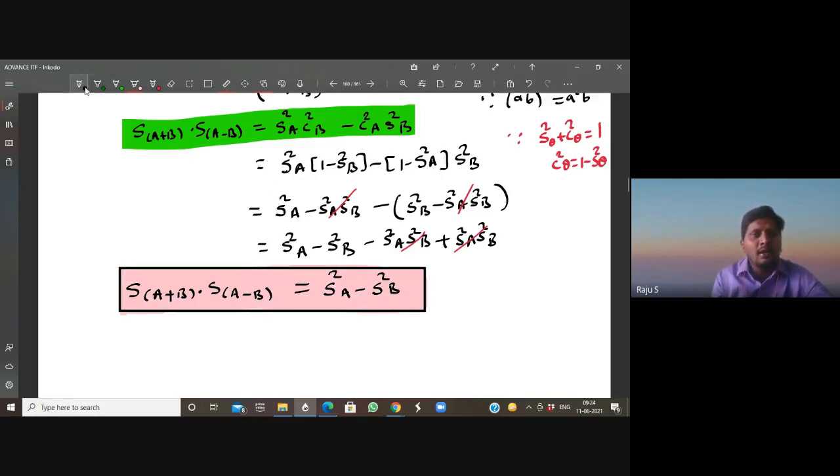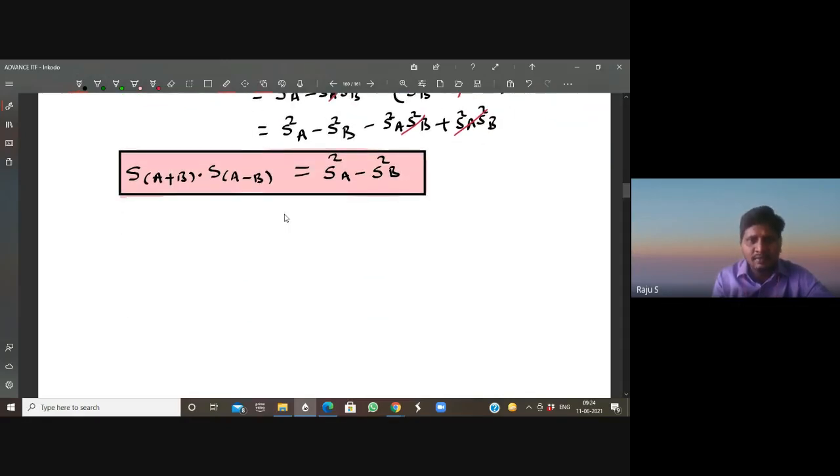And also the same formula we can write in another way. I have written only in terms of sine, but sometimes they may give it in terms of cos. At that time, sine square A can be written as 1 minus cos square A, and sine square B can be written as 1 minus cos square B. Am I right?